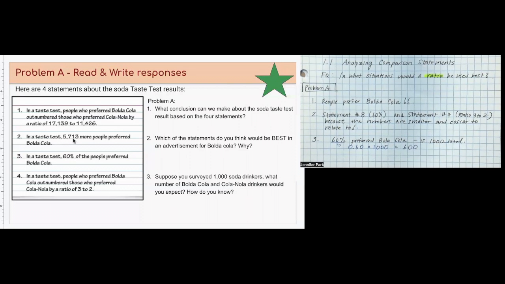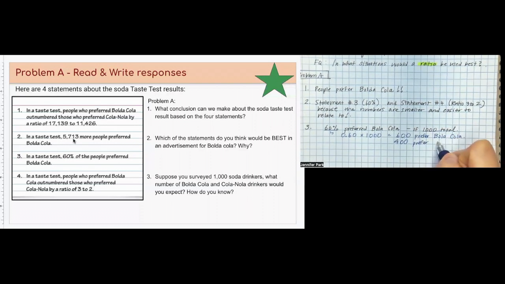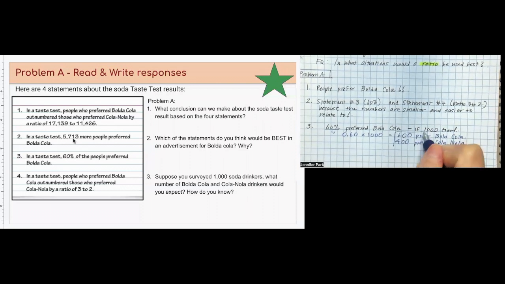So 600 prefer Bola Cola. 60% of 1,000 people is 600, which means how many people prefer Cola Nula? 1,000 minus 600, 400 people preferred Cola Nula. So that's a total together of 1,000.